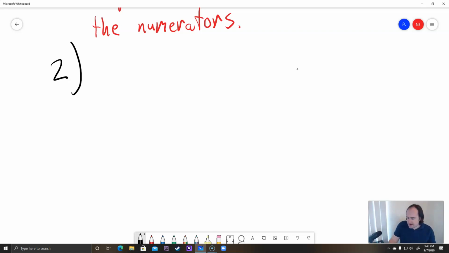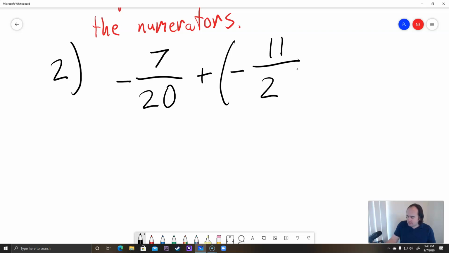For this one, we have negative 7 over 20 plus parentheses negative 11 over 20. So what's new about this one is we have minuses.